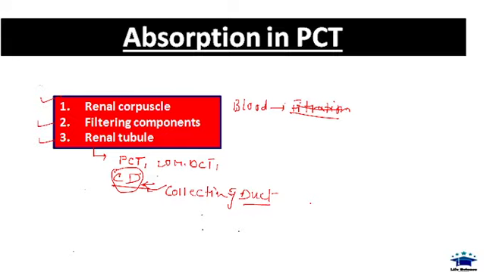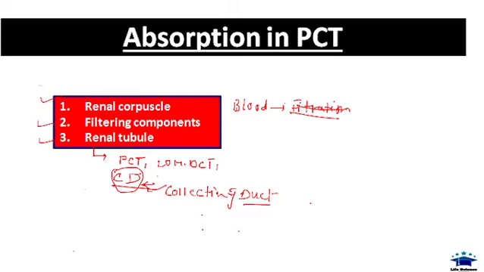Some substances can still be present in the interstitial fluid, and if further reabsorption is needed, it can take place in the DCT.